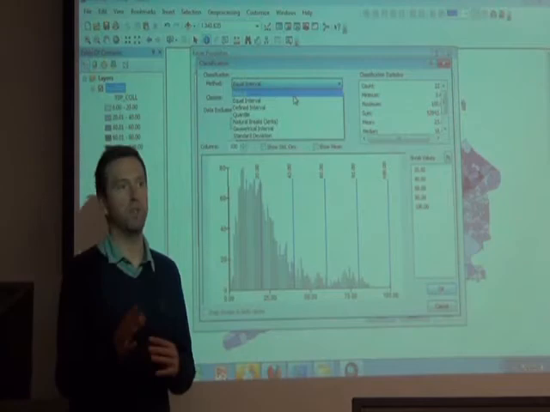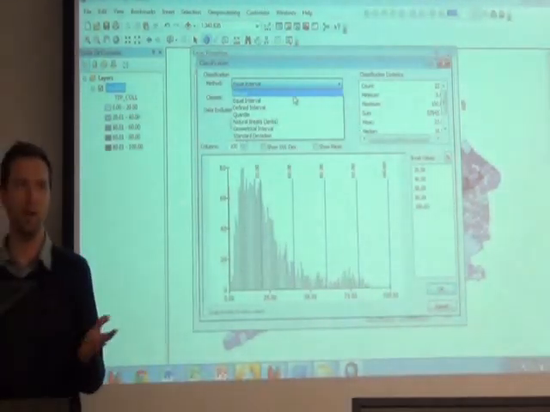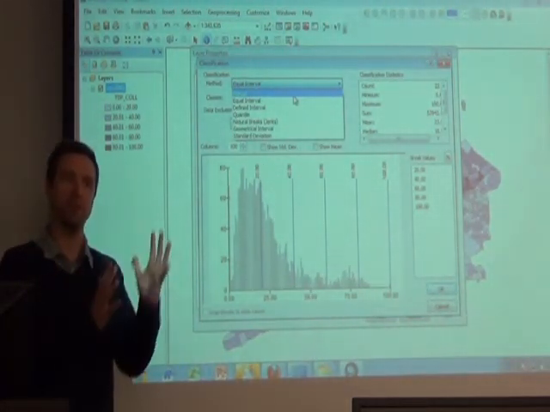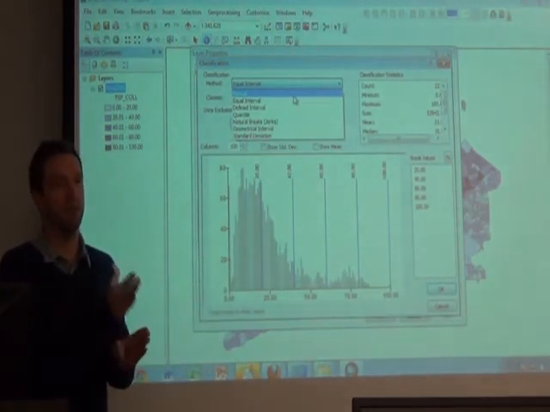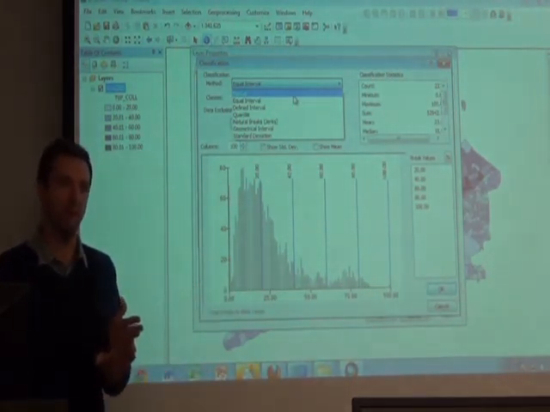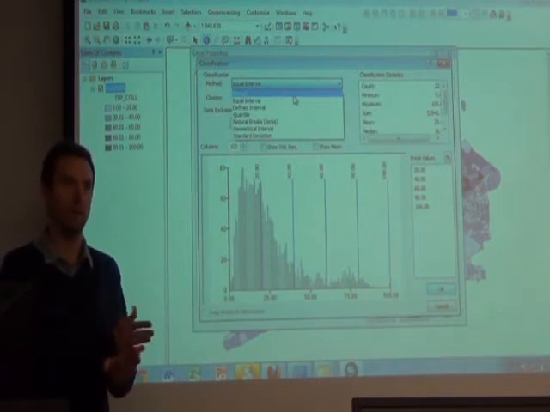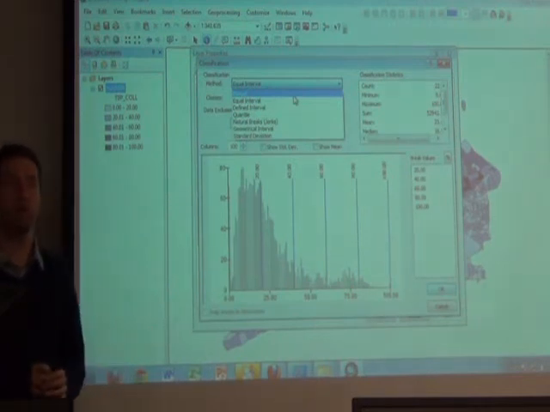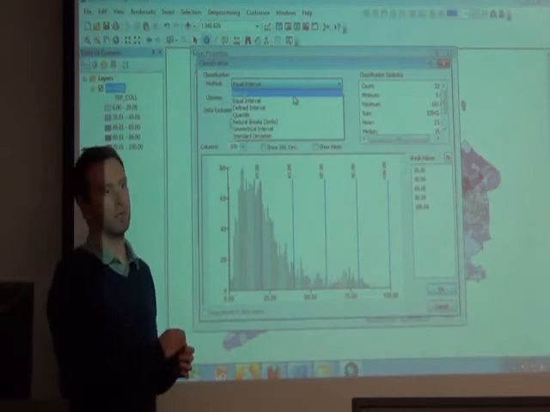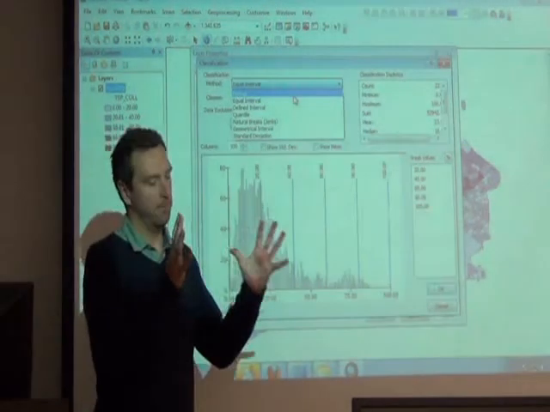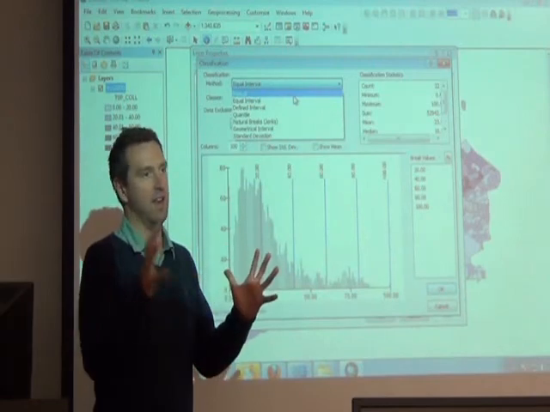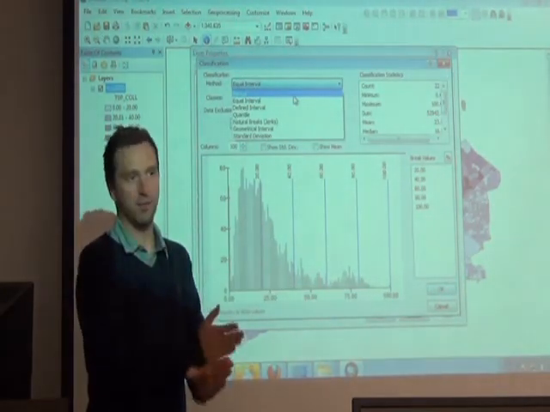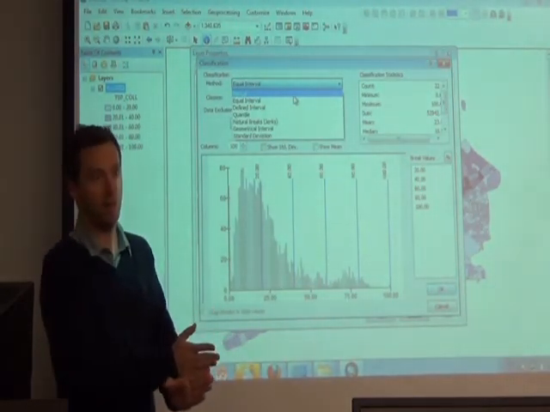And it makes no rhyme or reason to the average person why that is, but it's trying to find natural clusters of observations and group them together and separate them at natural places where there are not numerical observations. So spatial clusters? No, not spatial clusters, numerical clusters. So if there's a lot of 9% and not anything until 12%, they'll try to put a class break between 9 and 12.